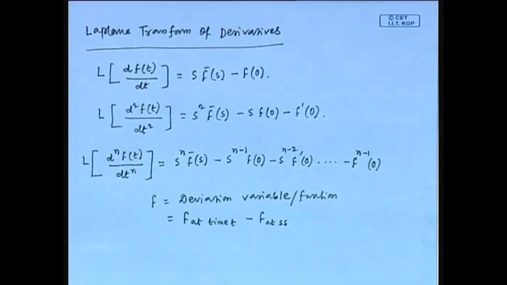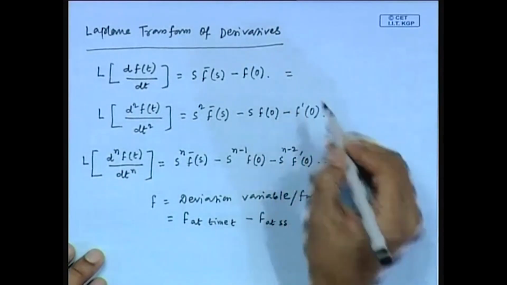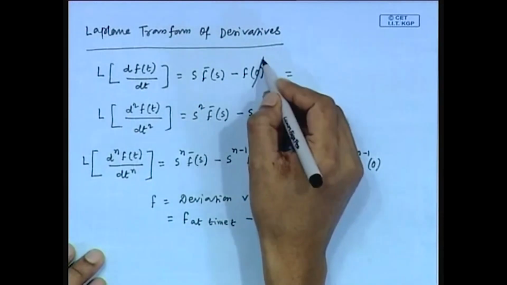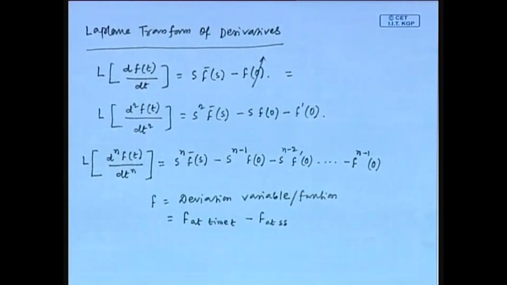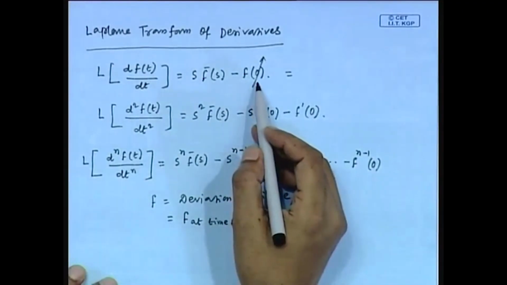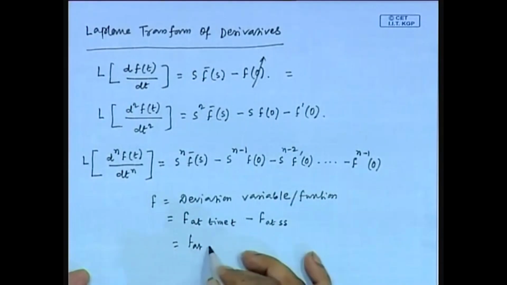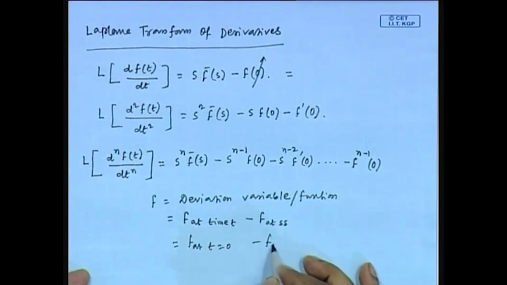If we consider f as the function of deviation variables, what will be the Laplace transform of the first derivative? This will become 0, isn't it? At t equals 0, f at t equals 0 minus f at steady state.